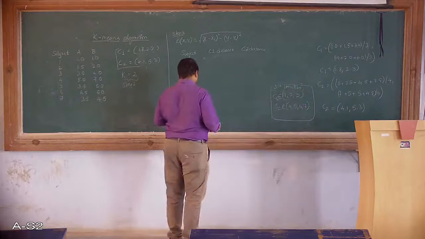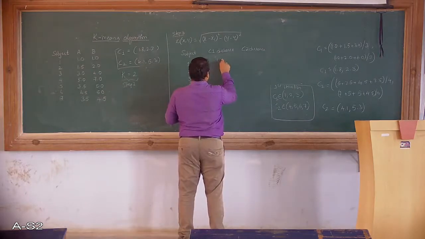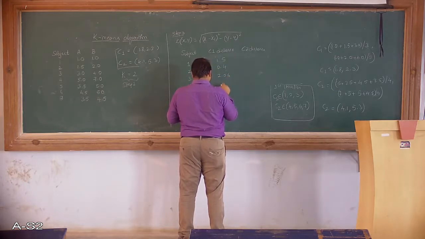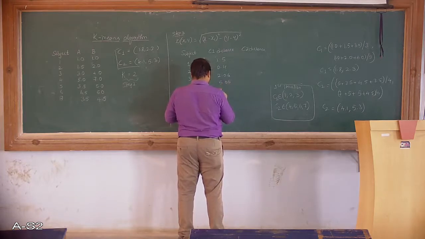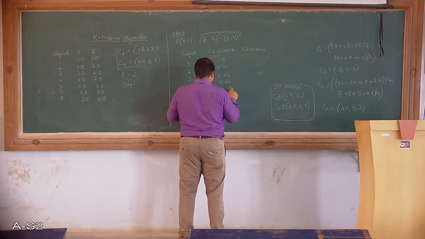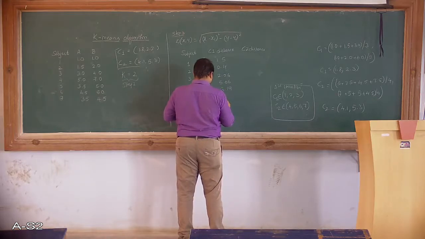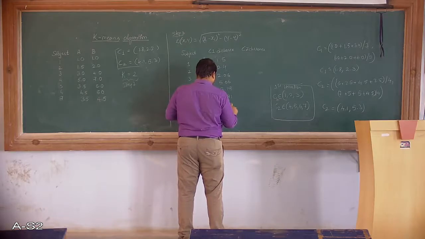For the second iteration, when I compute, I will be getting the values for C1 as 1.5, 0.4, 2.06, 5.66, 3.19, 3.81, 2.7.